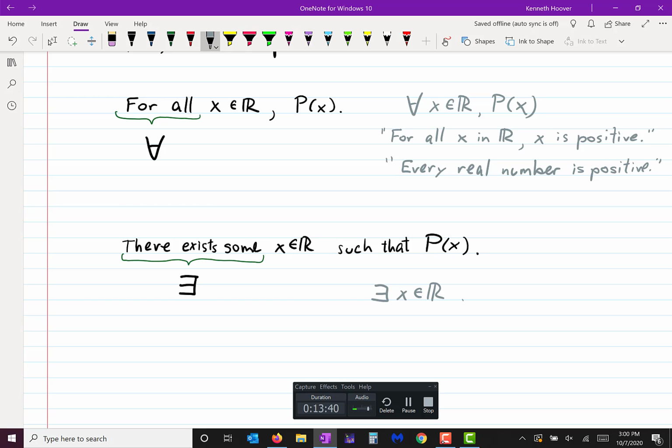Now, in the book, it'll look like this, but like I said a minute ago, I don't think that's grammatically correct. I am okay abbreviating the words such that with an ST. I'm fine with that. It's still grammatically correct because when you read it out loud, you still say the words such that. Some people use this symbol for such that.